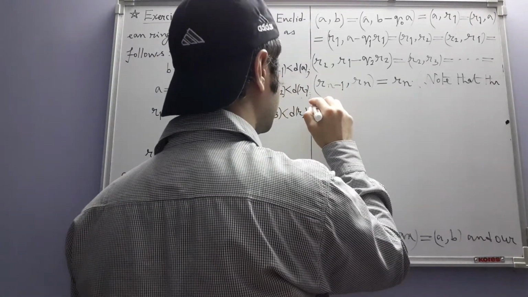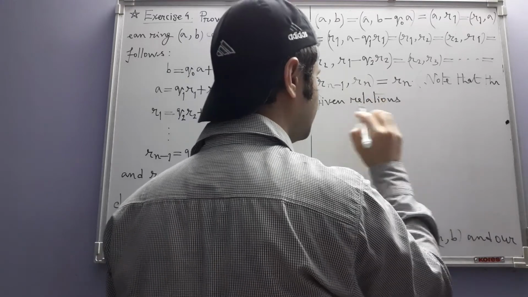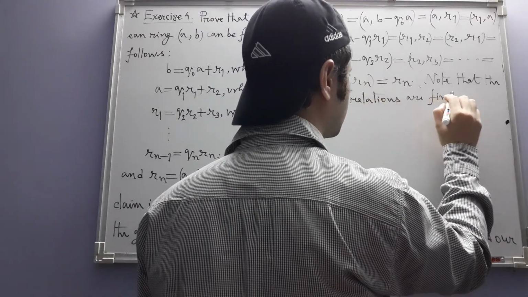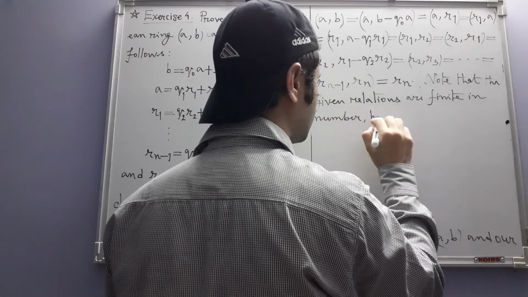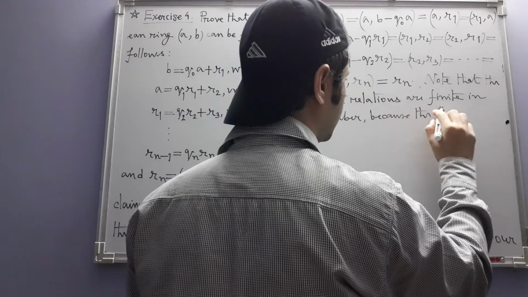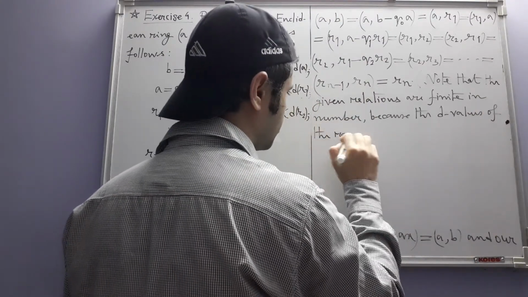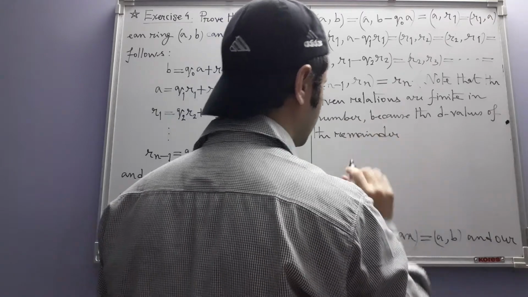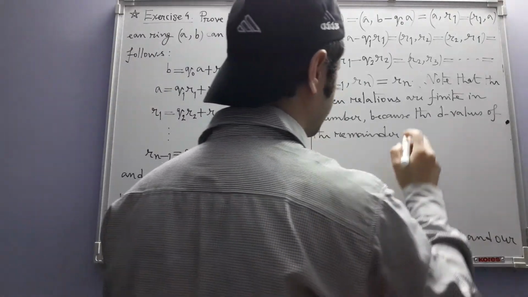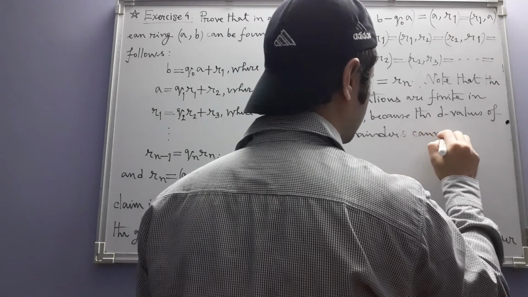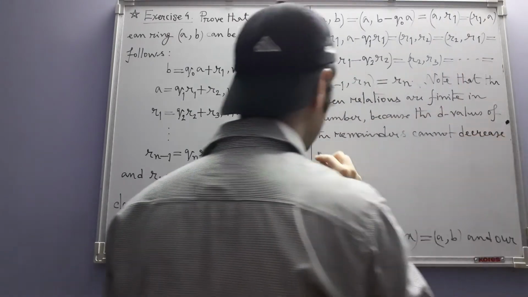Note that the given relations are finite in number, because the d values of the remainders, we are using the word remainder in this context, you understand what we mean by remainders, these d values cannot decrease indefinitely.